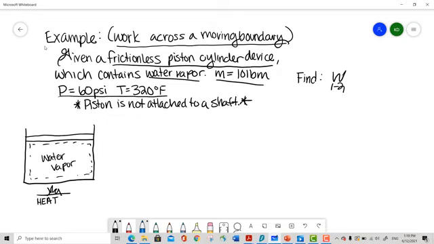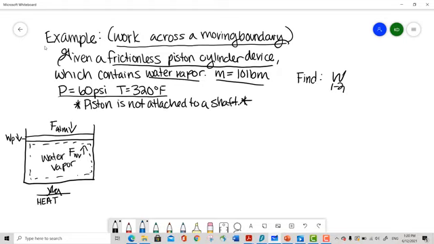So we know from chapter 1 and working on in chapter 3 that we can do our forces. We've got atmospheric force pushing down, we've got the weight of the piston pushing down, and then we've got water vapor pushing up.